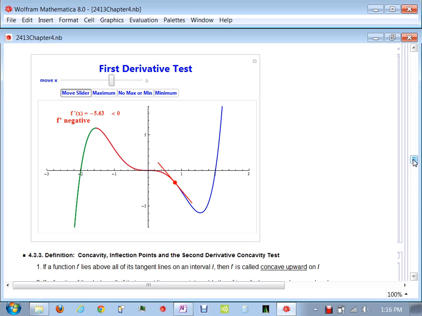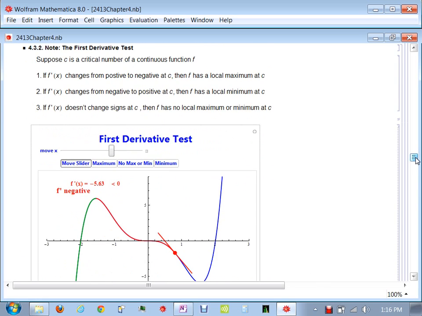What does that tell us? If it doesn't change signs, it goes from negative to negative, then there is no maximum or minimum. Does that kind of make sense or not? It's kind of like you were going down, you flattened down, then you kept going down. Well, that's not going to be the highest or lowest point. You would either have to go up, then down, or down, then up.